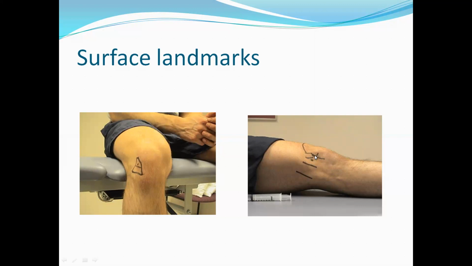So you palpate the lateral margin of the patella, palpate the lateral condyle of the femur, and go just in between. If by mistake you are hitting any of the articular surfaces, like the femoral condyle or the articular cartilage of the patella, you can readjust the needle and insert into the joint.